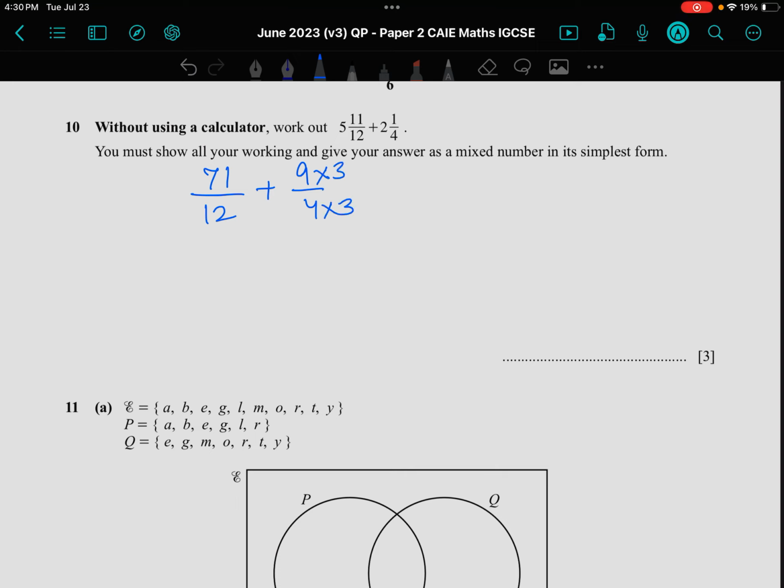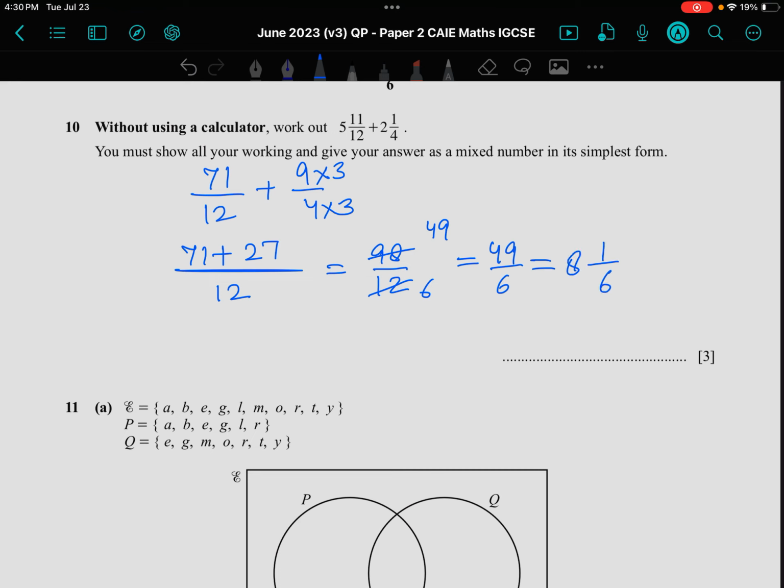So 9 is also multiplied by 3. So it is 71 plus 9 3s are 27 upon 12, which will give me 98 upon 12. Then 2 6s are 12, 2 4s are 8, 2 9s are 18, which is 49 upon 6. 6 8s are 48, 8 whole number, 1 upon 6 is the answer.